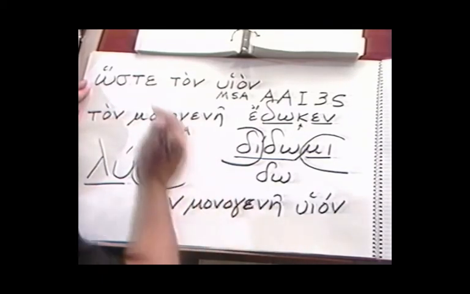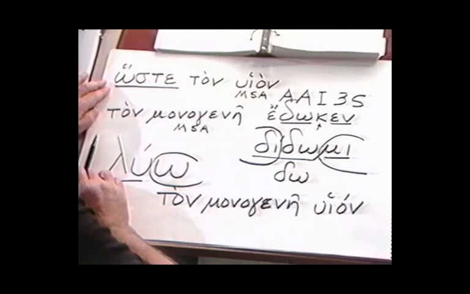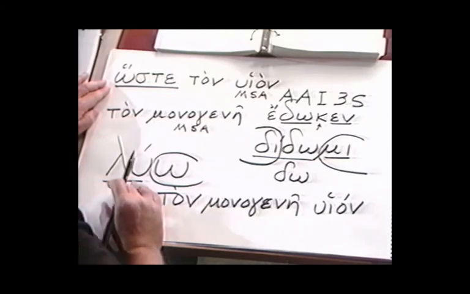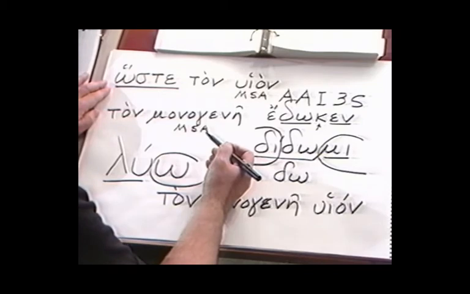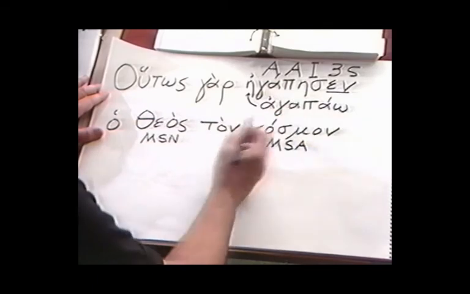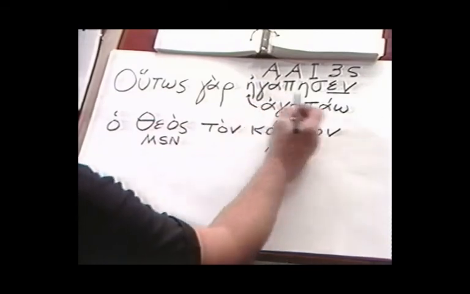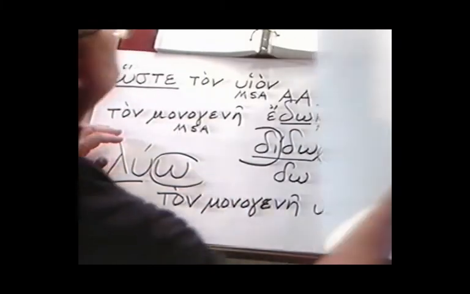Now, we said that this word hoste introduces a result clause, a clause showing the result of some action, a verb. What result is this telling us about which verb? Well, previously, we see that God loved the world in this way, and God loved with what result? What was the result of the loving that God did?